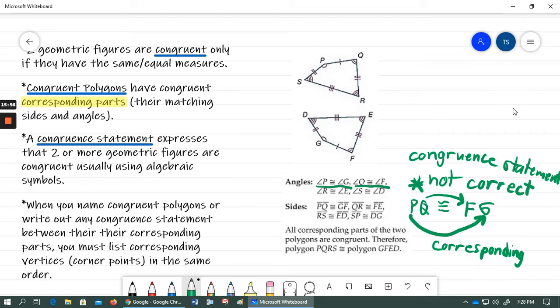So again, folks, when you are naming congruent polygons, you need to make sure that you write out your congruent statement so that the corresponding vertices, or in other words, those corner points, those corresponding angles, are written in the same order. I can't stress it enough.